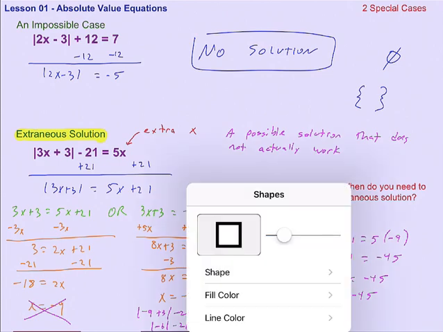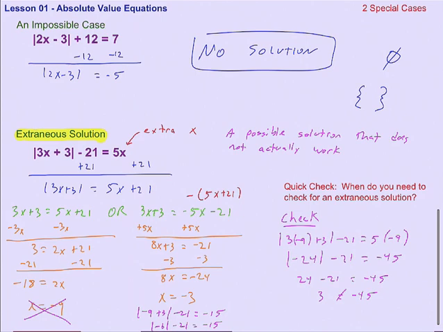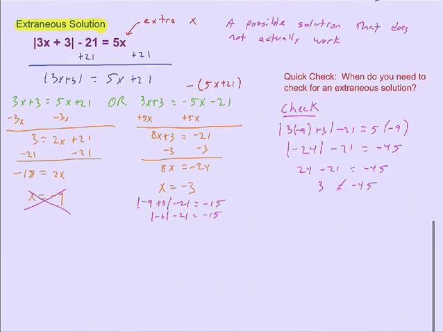And this does take me just a second to expand my page here. And I can check this out. The absolute value of negative 6 is 6. 6 minus 21 is negative 15, so this one does work, which means x equals negative 3 is a solution, x equals negative 9 is not.